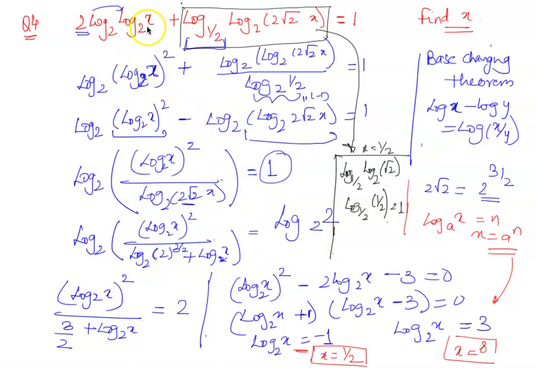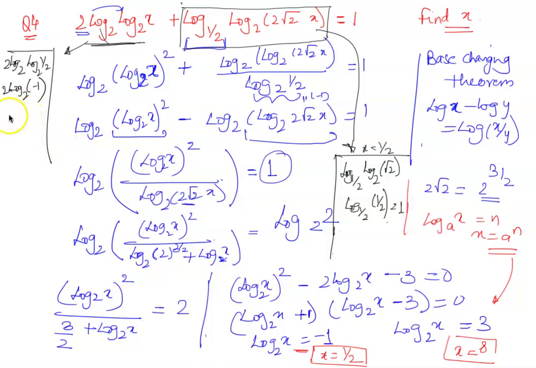And if I put x equals half in the other equation, I will get 2 log 2 of half, 2 log 2 of minus 1, right?